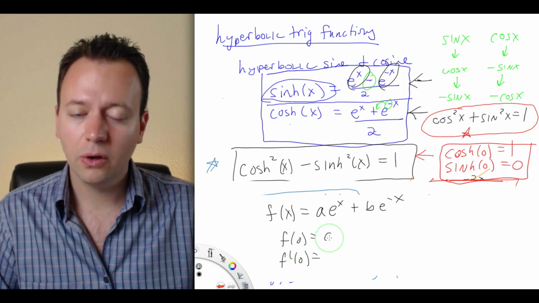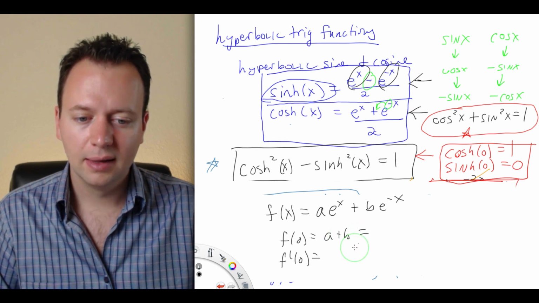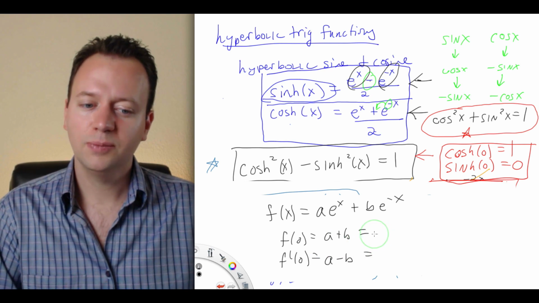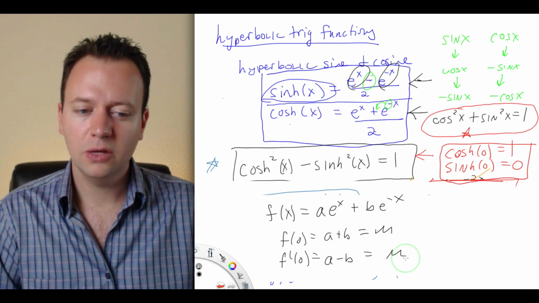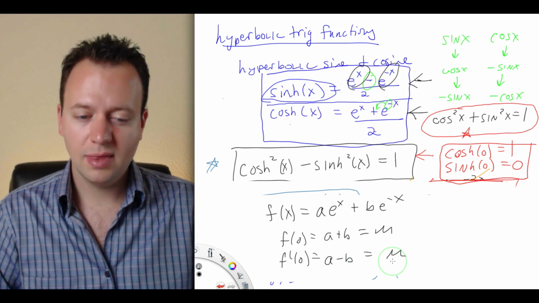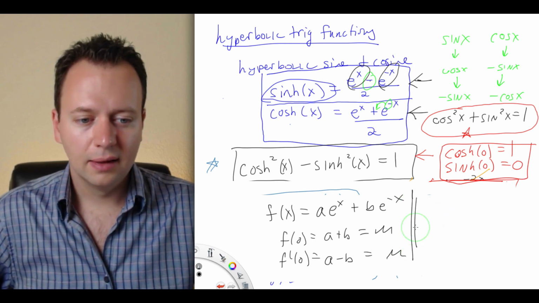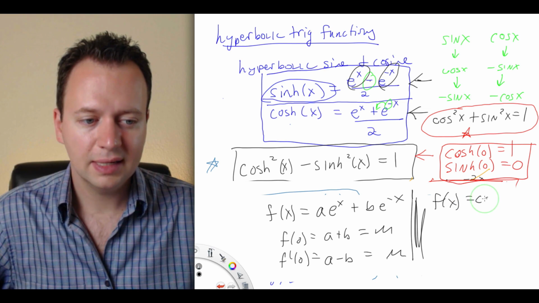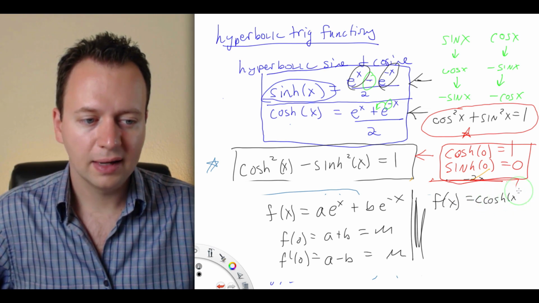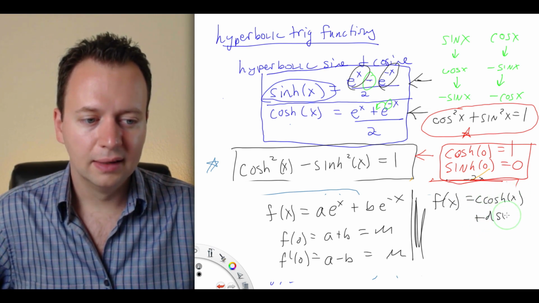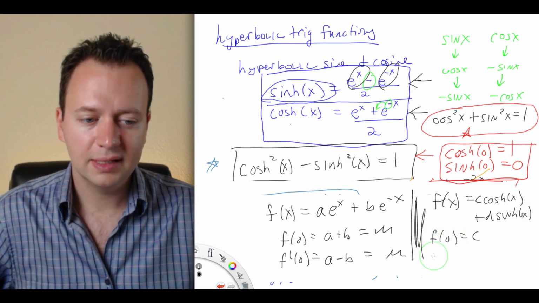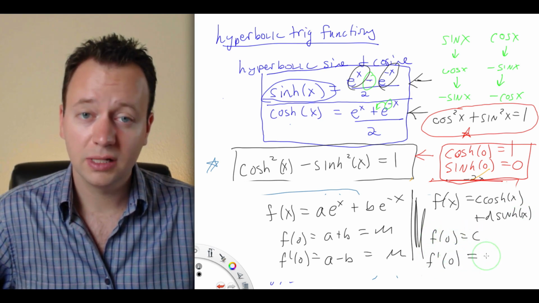Well, f of 0 is going to be a plus b, and then f prime of 0 will be a minus b. So you get a plus b equals something, a minus b equals something, and you can do it that way. But on the other hand, you can equivalently say that f of x is equal to c cosh of x plus d sinh of x. Well, in this case, f of 0 is just equal to c, and f prime of 0 is just equal to d.